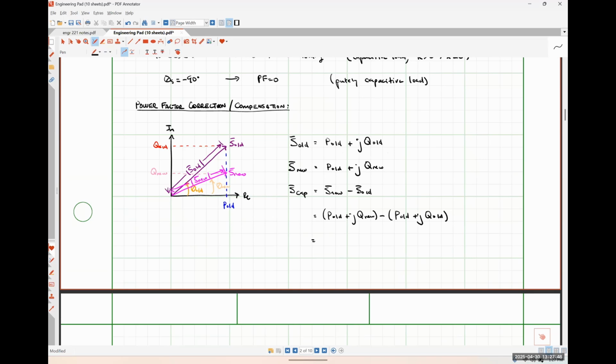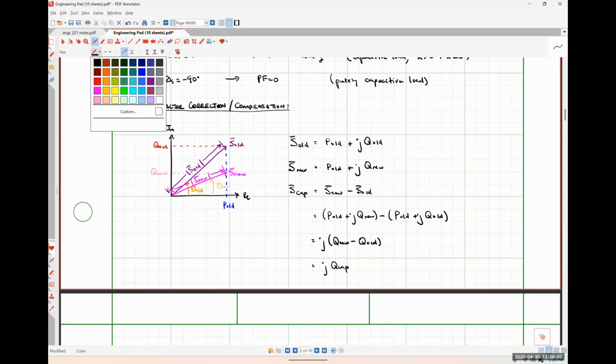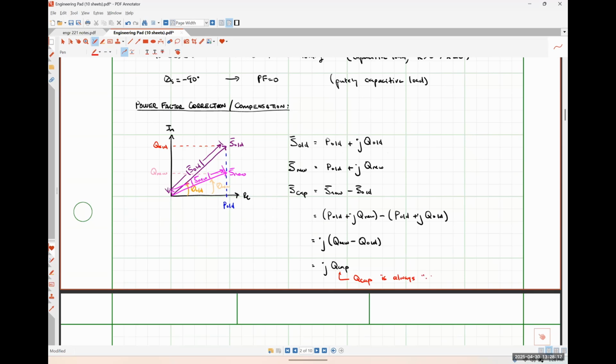The P olds cancel each other out, and we're left with jQ new minus Q old, or simply jQ cap, where I just want to make a note here. Q cap is always negative.